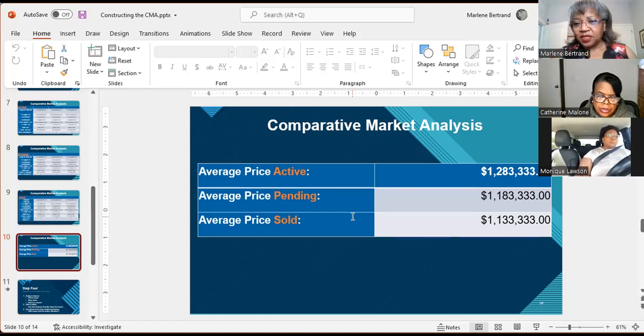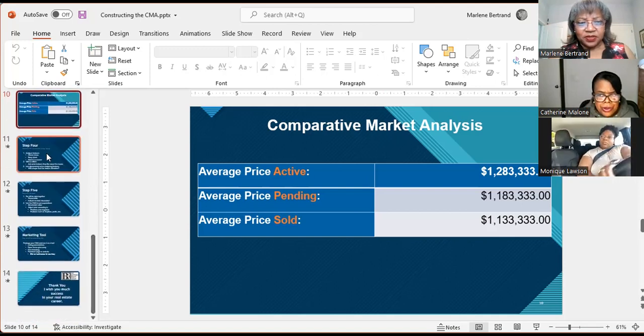These are just numbers that you can start with to determine whether the seller should list it higher or lower, or whether the buyer should offer more or less, depending on the condition of the house. These are averages of homes that you're comparing the subject property to. So they're just numbers right now that you can use to get to a fair price.